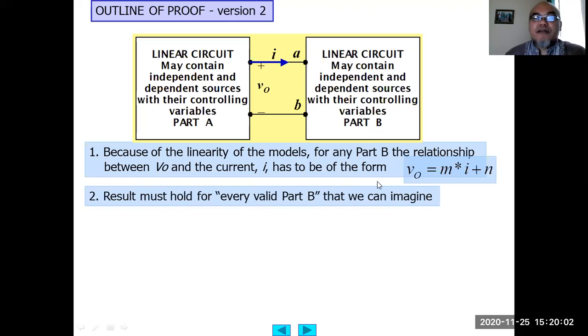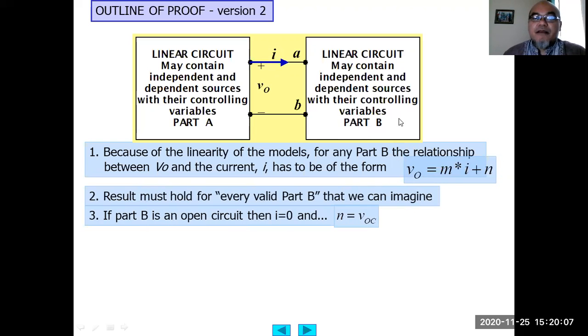The result must hold for every valid part B that we can imagine. If part B is an open circuit, then the current is 0, so N equals V open circuit, because this is open circuited. Open circuit means you have only A like this, so this is V open circuit, with no current flowing.